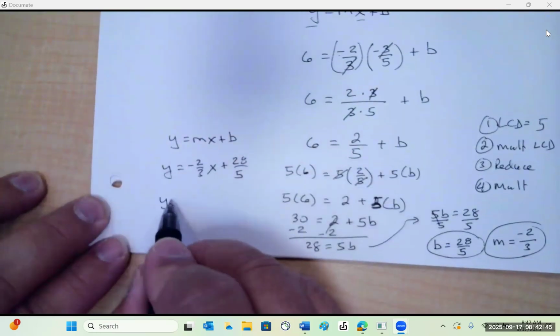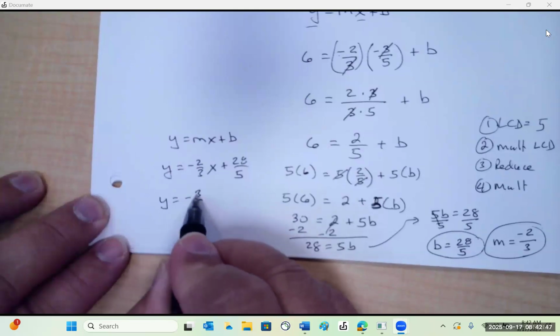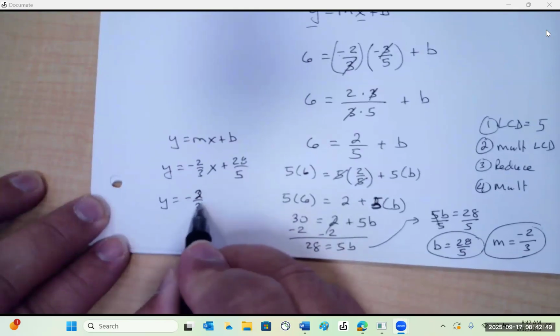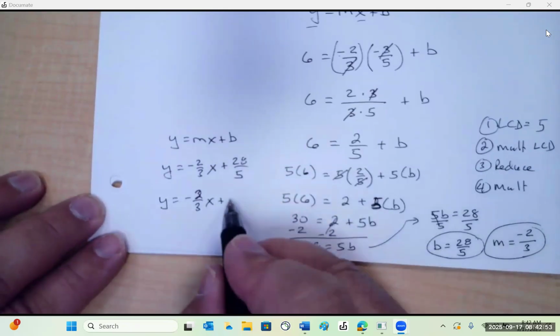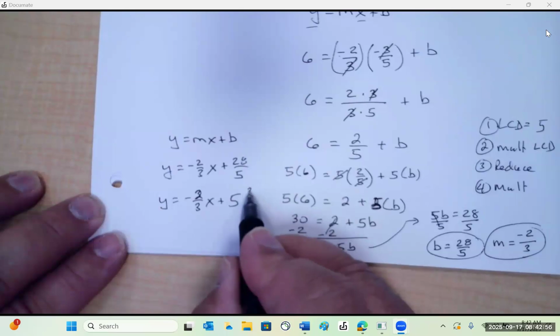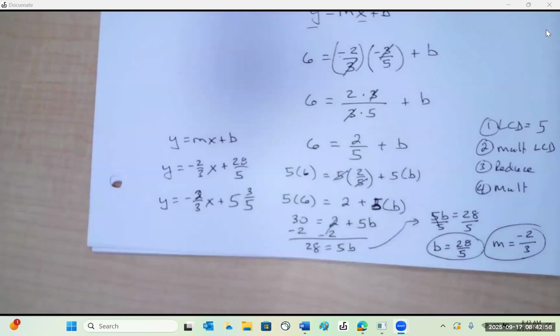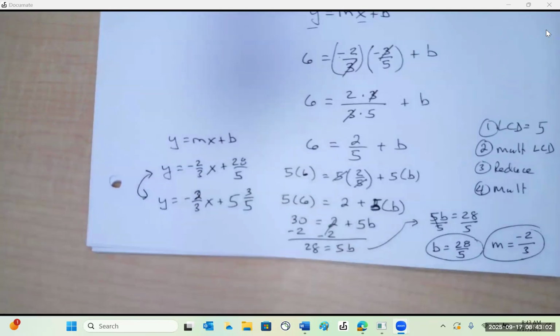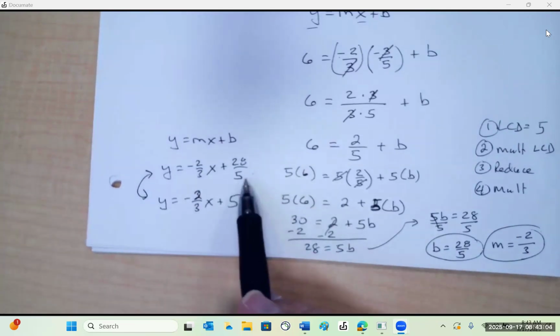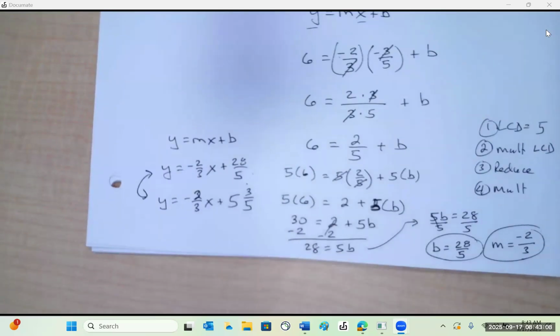But for simplicity purposes, how many times is 5 going into 28? With how many left over? So yeah, both of these answers would work. It's just easier for the programmers when they wrote the program to use the improper fraction as answers. So you could do either way.